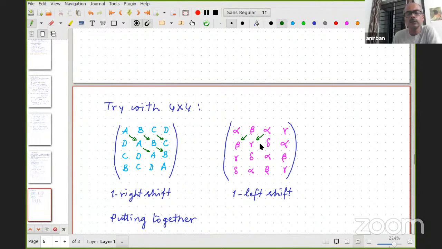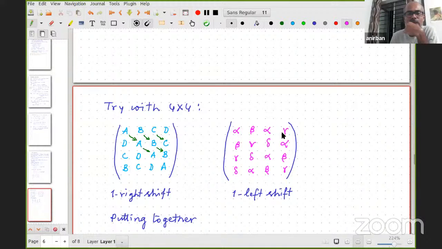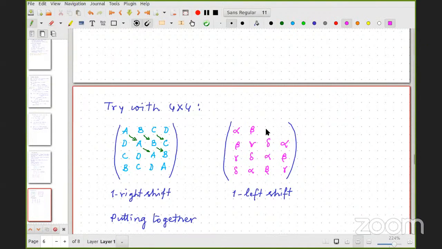No, that is wrong. Just 1 second. Sorry, I just made some mistake. The first row should be alpha, beta, gamma, delta. Yes, the first row itself was wrong.